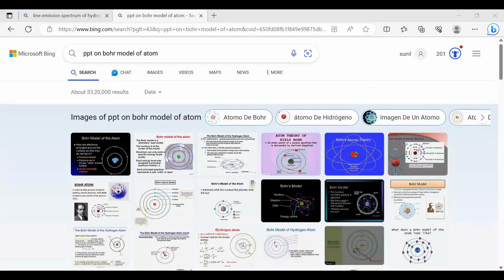Write down: developments leading to Bohr's atomic model. Developments leading to the next model, which is the quantum mechanical model. Can you see the whiteboard? Yes, sir.